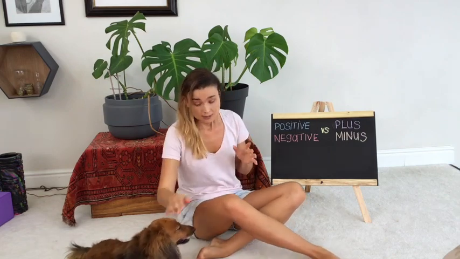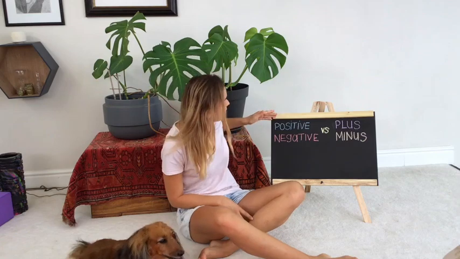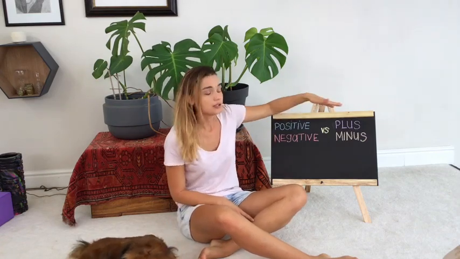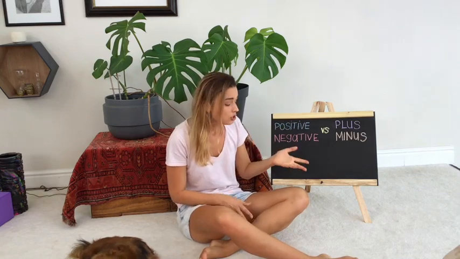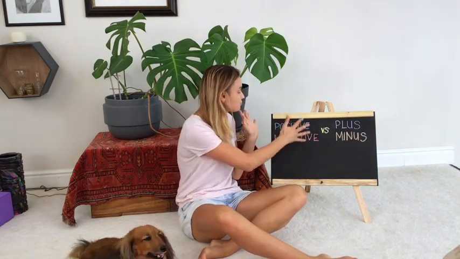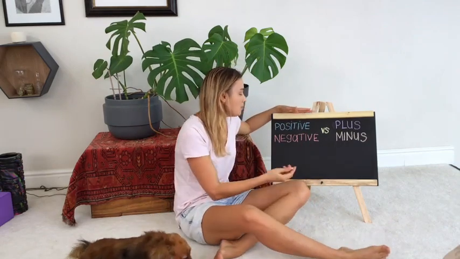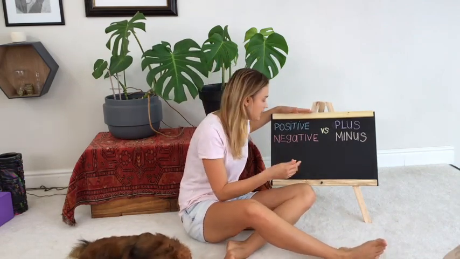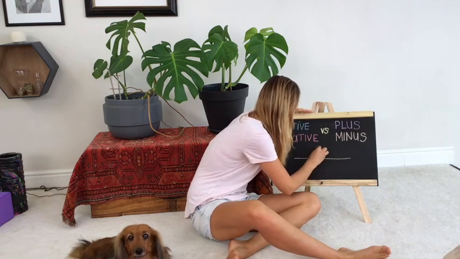So I have this up on the board here because I think the vocabulary that we use in this section is very important, because there is a difference, right? If I talk about positive and negative versus using the words plus and minus. So the way I like to think of positive and negative, if you think about the number line, okay.